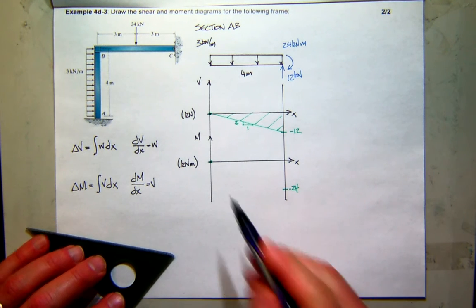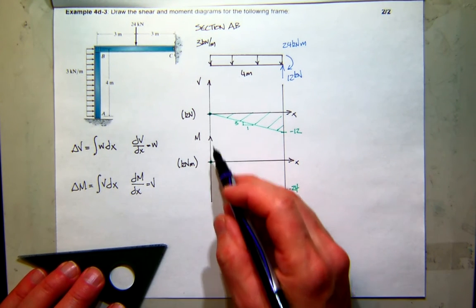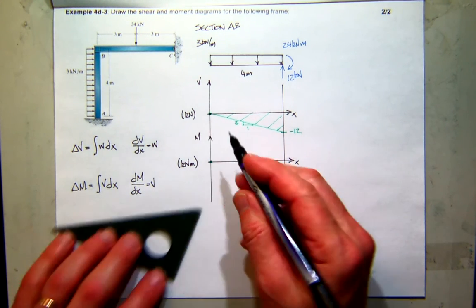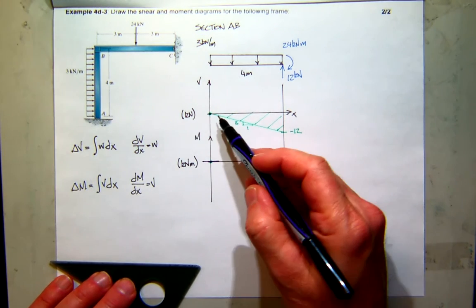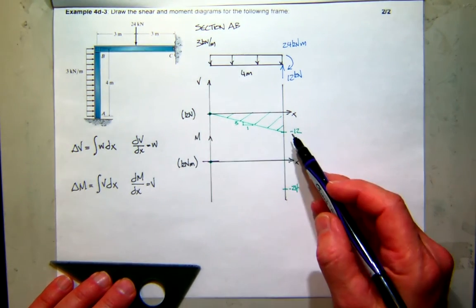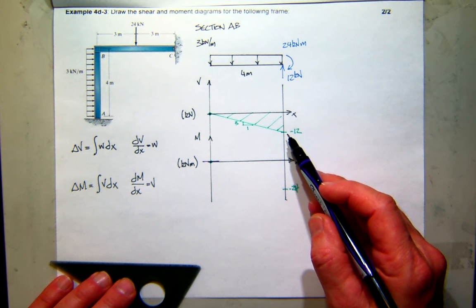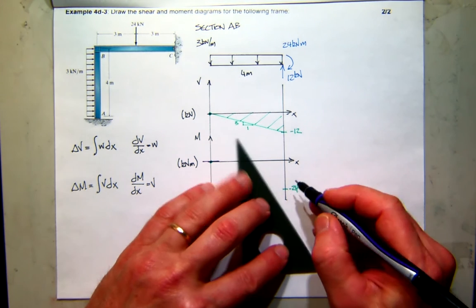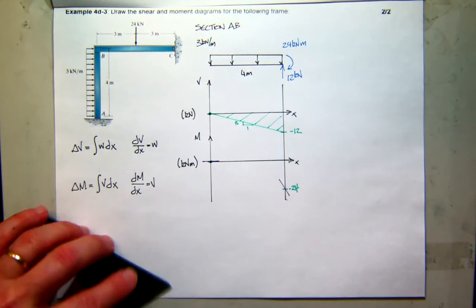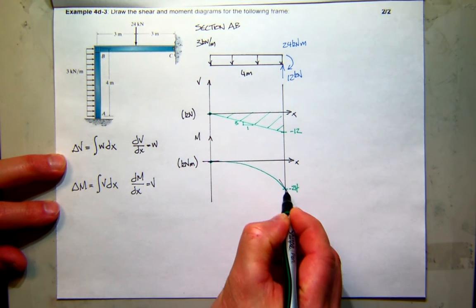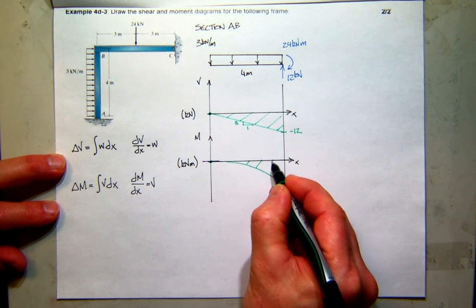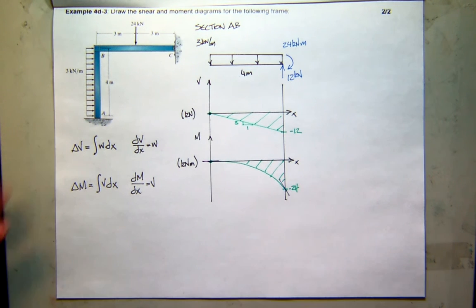So what is the value of the shear at A? It is 0. So I should have a 0 slope. And the value gets bigger and bigger, and it becomes the largest here at B, and it's negative. So if I sketch in a negative slope, I can fit my parabolic shape like that. And there's my moment diagram.